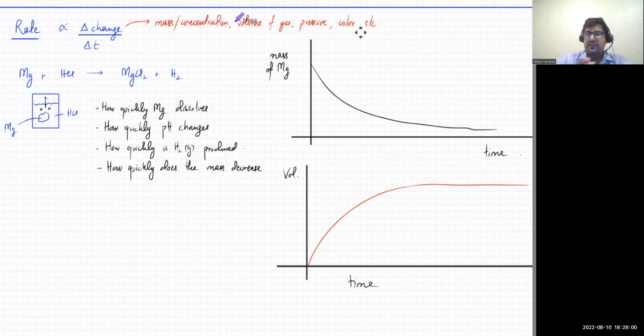Once you have plotted this graph of change with respect to time, the gradient is what's going to give you the rate of reaction. So if I draw the gradient at this point, I'll know exactly what the rate of reaction is at this particular time. So rate is equal to the gradient of this particular graph.